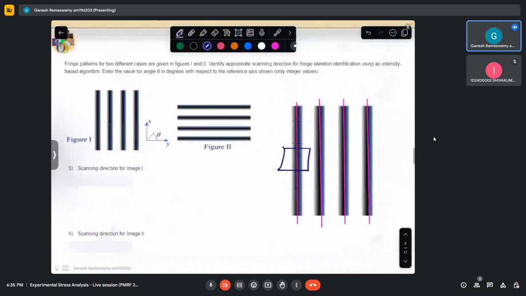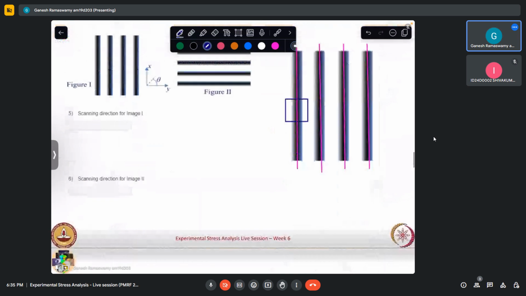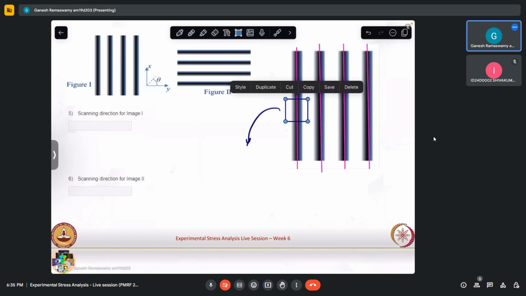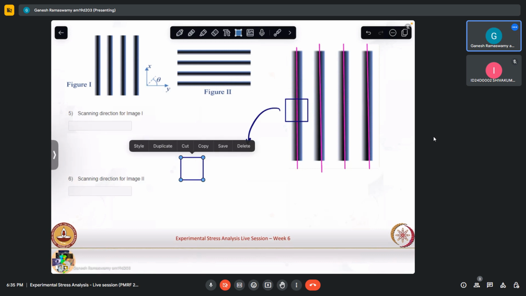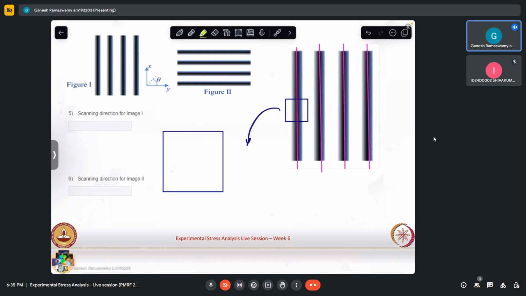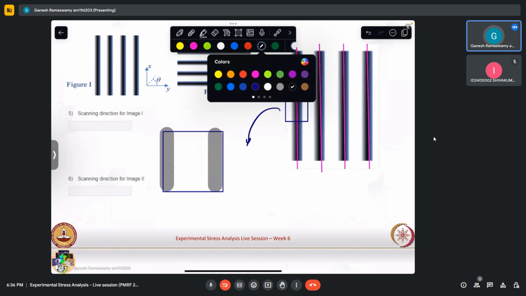Let us say that I consider this box here. Now this basically has a gradient. If I were to zoom in, it basically has a gradient, and this will keep becoming more and more dark.